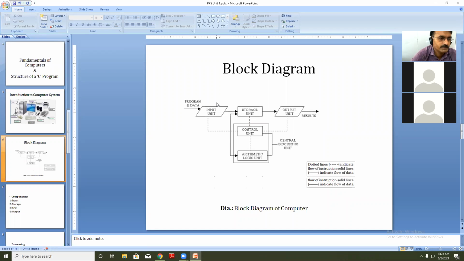Okay, if you look at the block diagram, it starts from left to right. We have program or data, right? So this is the input phase. Now we know what the input units are. Just now we have seen the diagram.